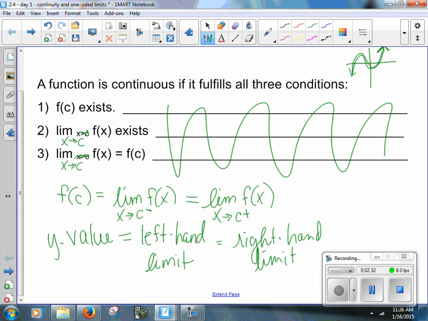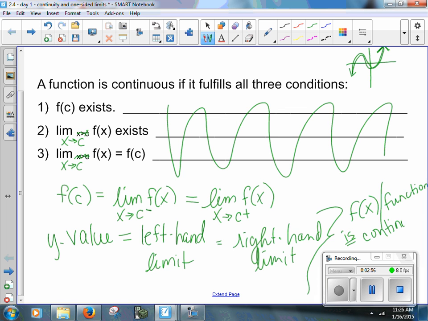Folks, this is really, really easy. That's what it really means. My y value better be equal to my left-handed limit, which better be equal to my right-handed limit. And if all of those things are true, then what? Then my f of x, my function, is continuous.